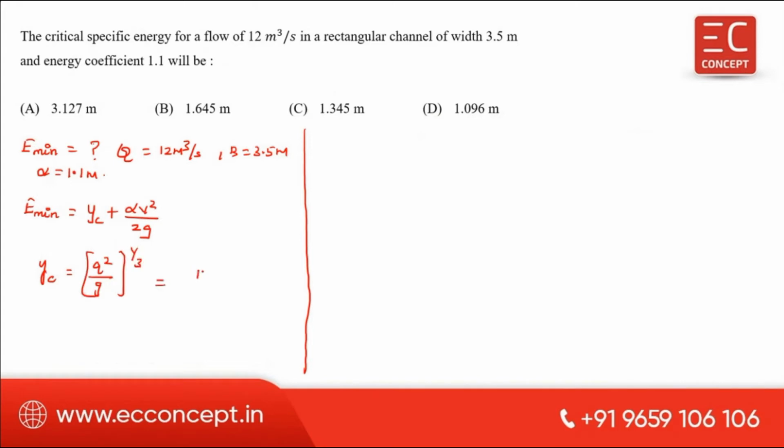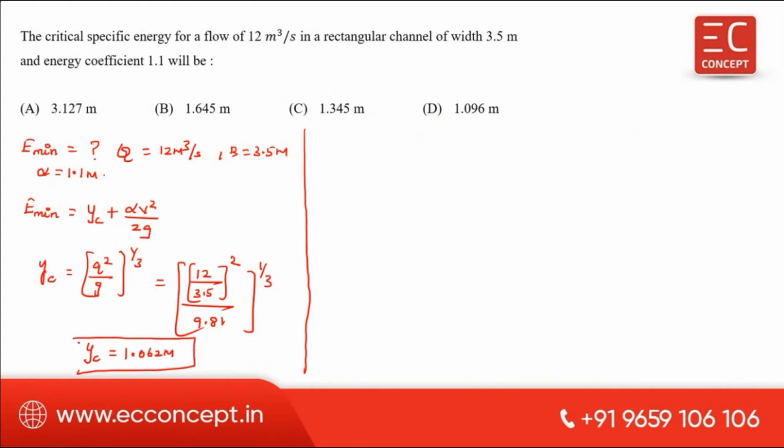What is Q? (12 divided by 3.5) the whole square divided by 9.81, the whole power 1 divided by 3. If you solve this, YC is equal to 1.062 meter. So this is the answer for this.